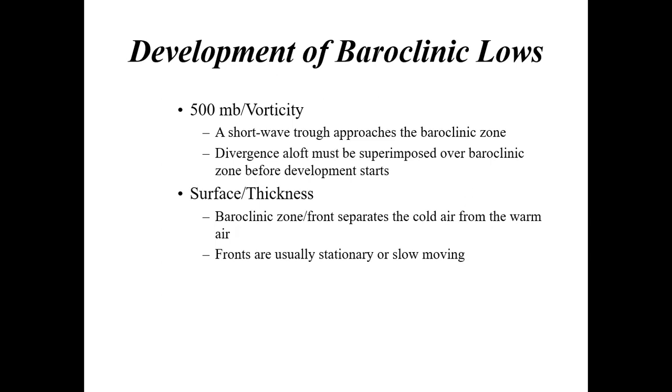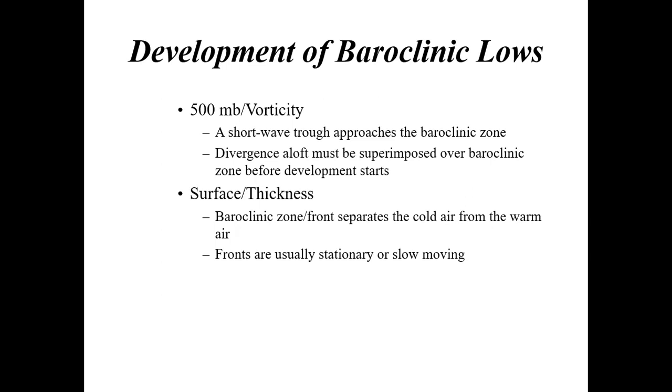And that will start initiating lower level convergence and rising air motion. The surface and thickness, the baroclinic zone, and the surface front itself separate the colder air from the warmer air. As I mentioned, the baroclinic zone, I'll have to show you an example of that on a satellite image, what it looks like in a future video.